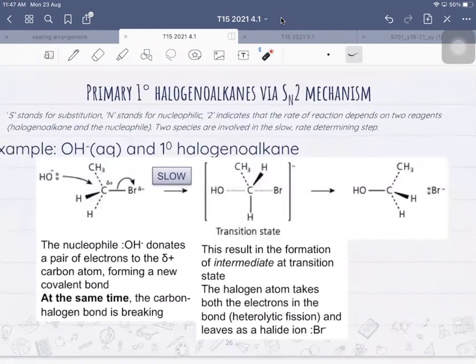So you will notice that sometimes the diagram will write the negative charge of the hydroxy group in a bracket, or you write it on the hydroxy group itself. Okay, it doesn't matter as long as you don't drop the negative charge.